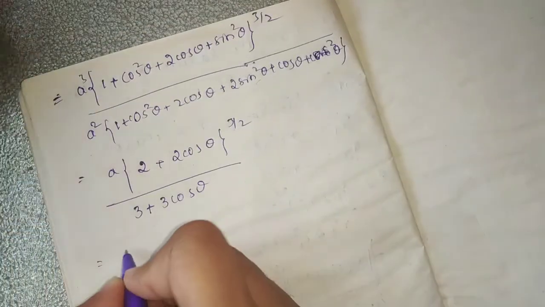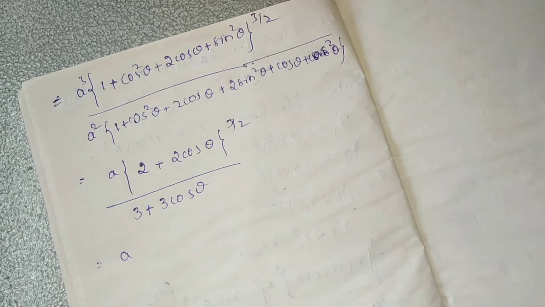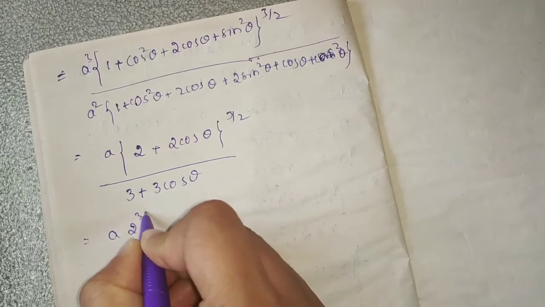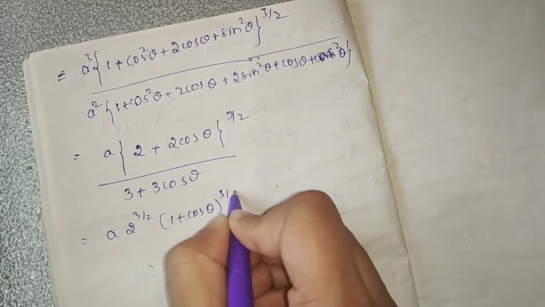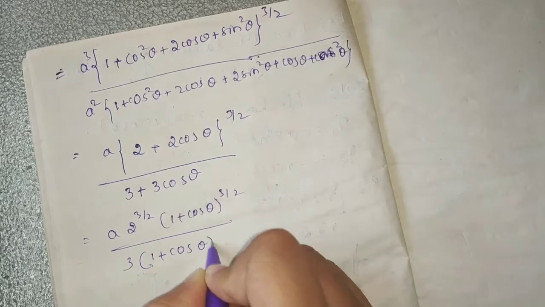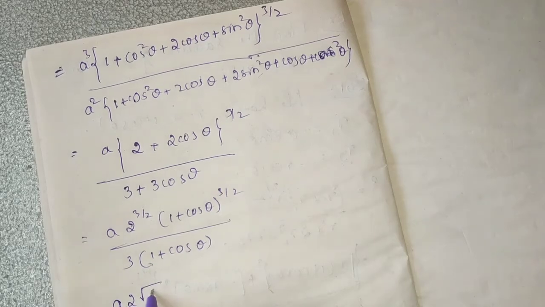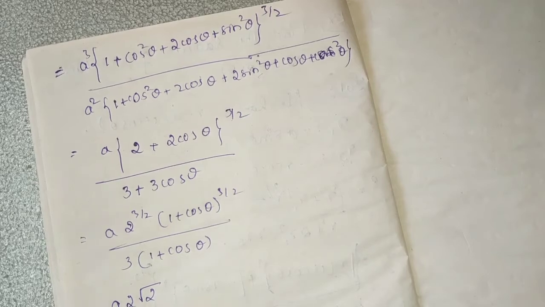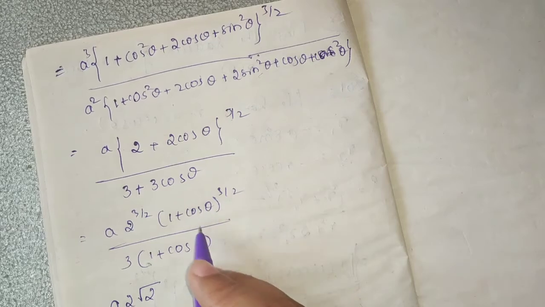This will be equal to a times, if we take 2 outside, 2 raised to 3 by 2 into 1 plus cos theta whole raised to 3 by 2, divided by, if we take 3 outside, 1 plus cos theta will be left. So here 2 raised to 3 by 2 can be written as 2 root 2, divided by 3, and 1 plus cos theta raised to 1 by 2, right?